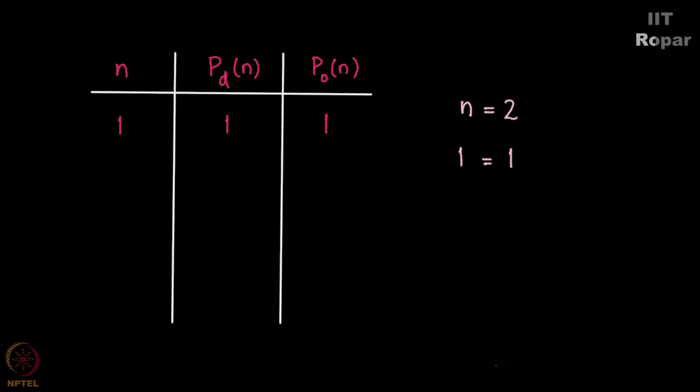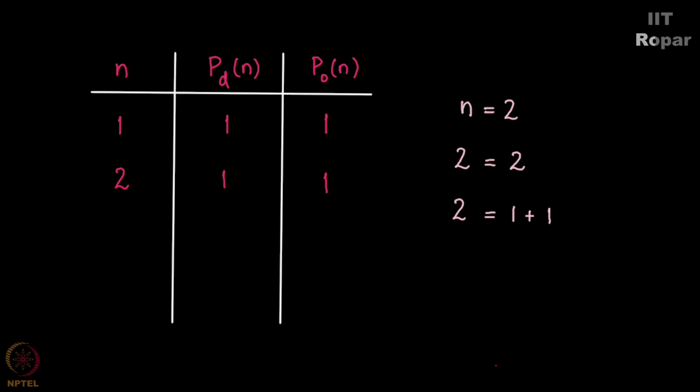What if I take 2? n equals 2. 2 is 2. 2 is 1 plus 1. These are the two partitions of 2. So let me fill up the table. n as 2. PD of n, what are the distinct ones? Only 1. And what are the odd partitions? Only 1.